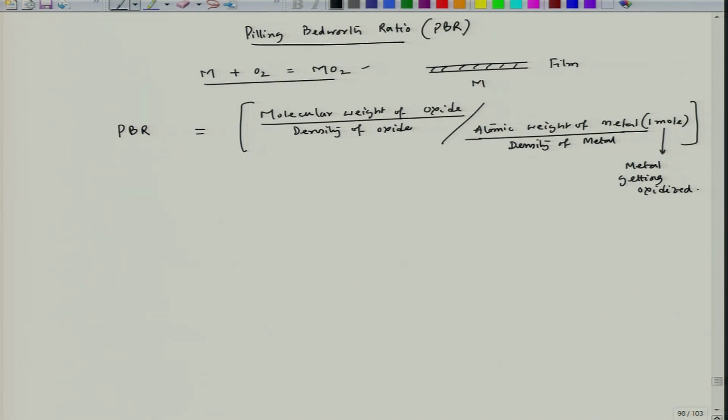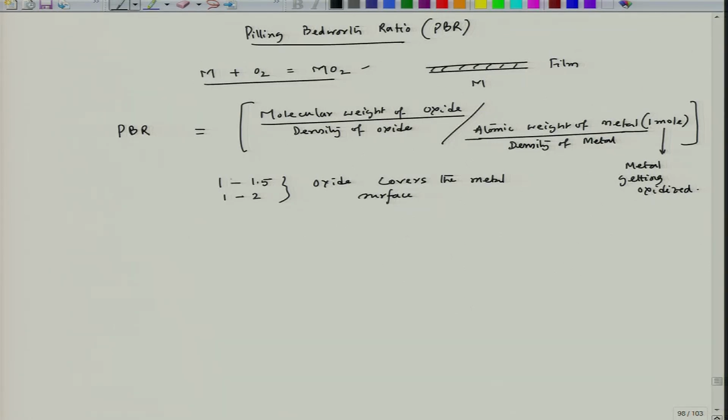Now, if this ratio is within 1 to 1.5, or some people consider 1 to 2, we can say that the oxide covers the metal surface. Since the oxide covers the metal surface, we have lost the direct contact of oxygen with the metal, and we assume that the metal will be protected.